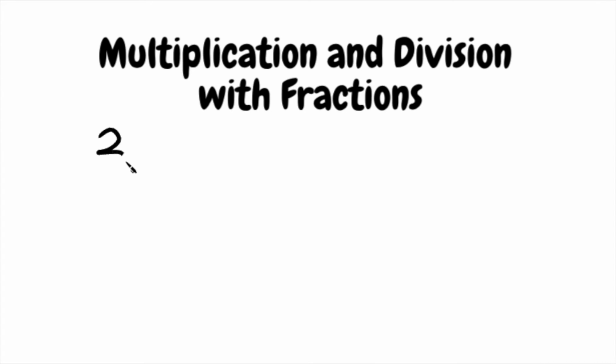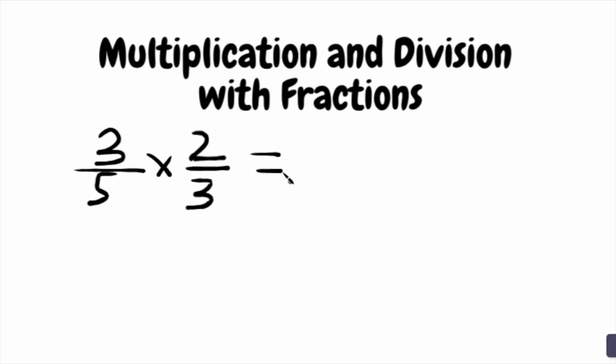And so let's go with, I'm making these up here, let's do 3/5. And again, we're working with small numbers here because I want to give you the basics. And let's do maybe 2/3. Okay, so what you want to do here is you just multiply right across, right?